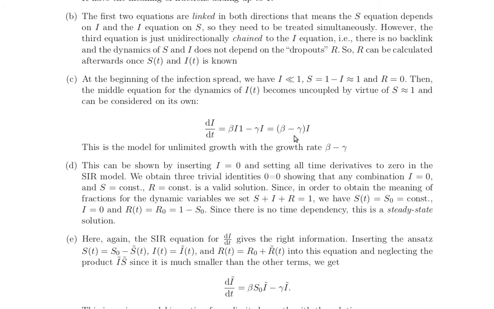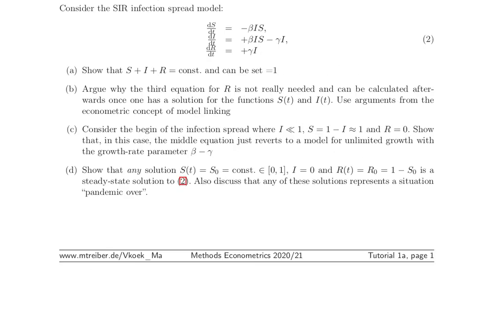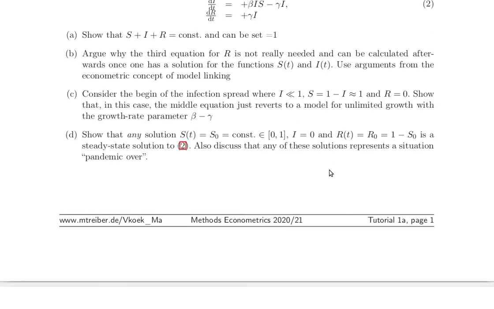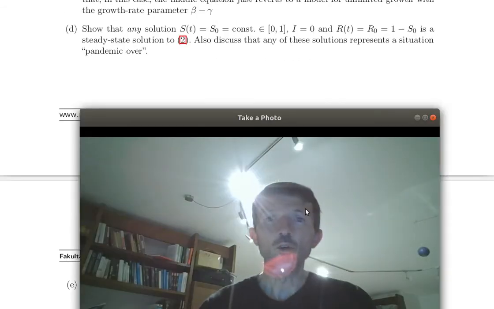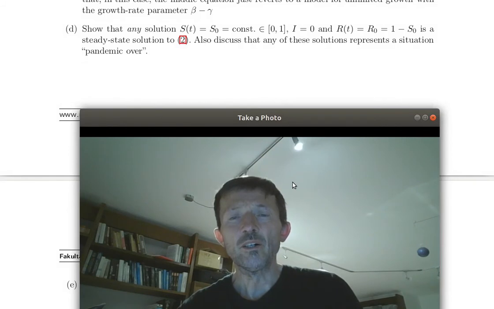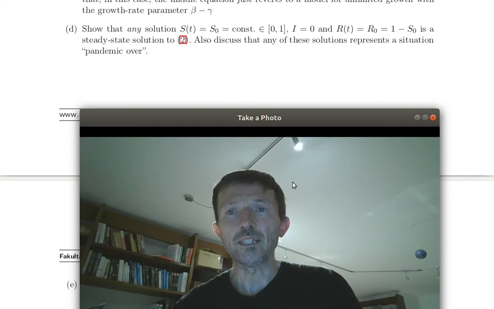So now we go to the fourth sub-question. Show that any solution S equals S0 equals constant and any constant recovered number is a solution provided that the number of infections is 0.